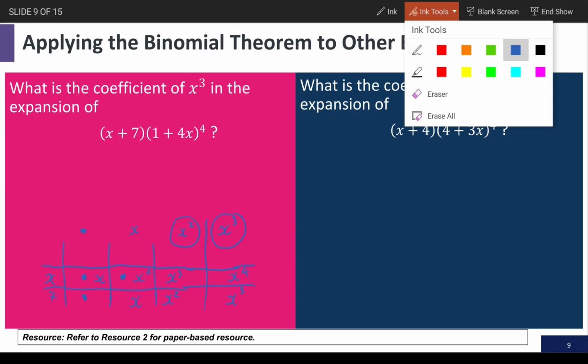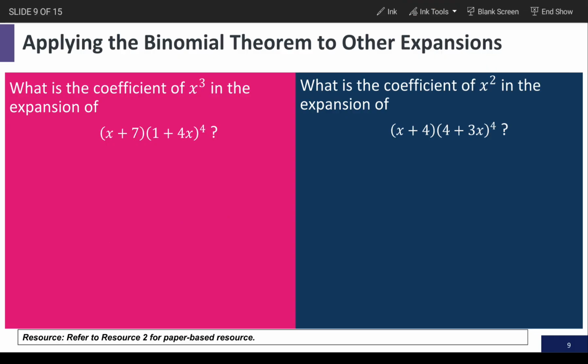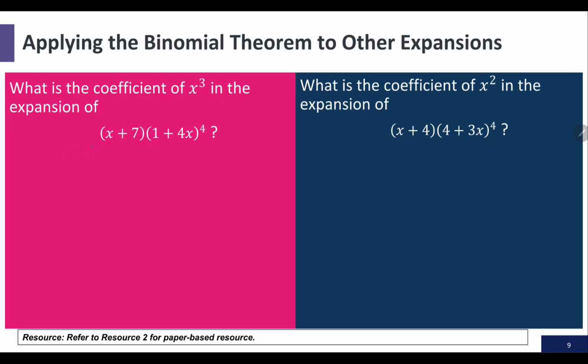So I'm just going to erase that and work here first. So I need to find out the x cubed term and the x squared term. So I'm going to find out the x squared term first. So that's going to be 4x all squared multiplied by 1 to the power of 2, and it's going to be 4 choose 2.